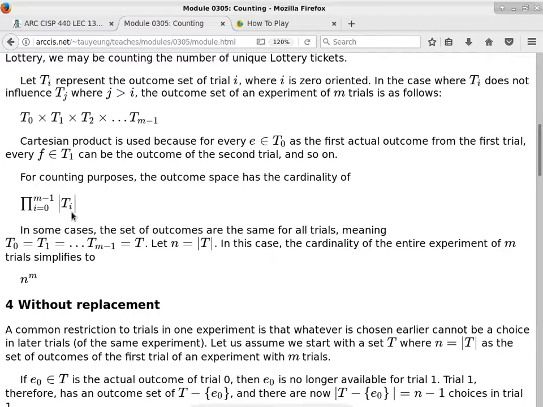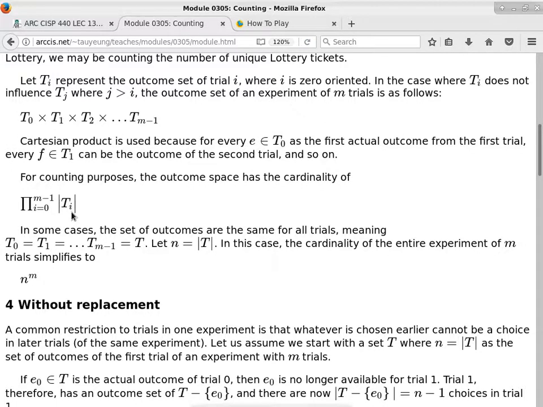Yep. What's the symbol? The big pi symbol? It's kind of analogous to the sigma symbol, except this is not for summation. This is for the product of all of the terms. So it would be the same thing as the cardinality of T0 times the cardinality of T1 all the way up to the cardinality of T subscript M minus 1. Is that okay?